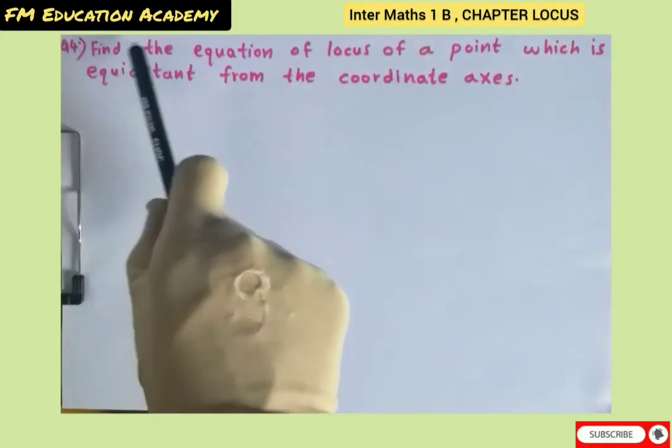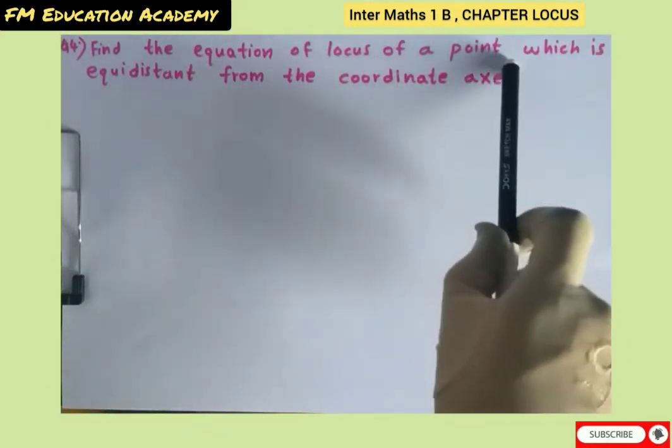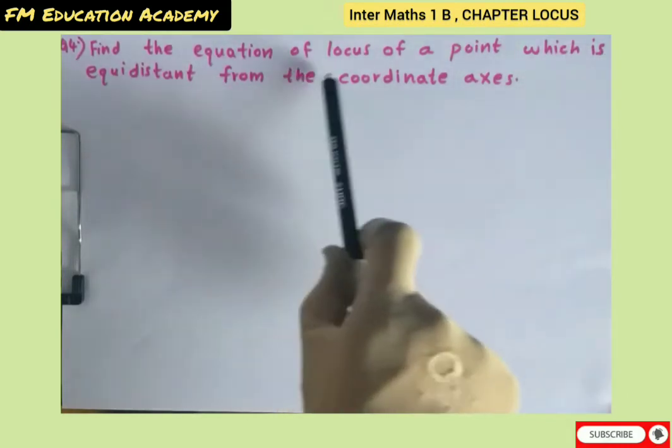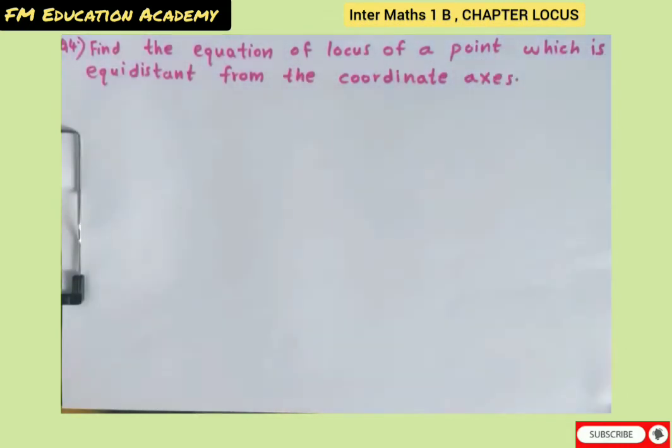Question 4. Find the equation of locus of a point which is equidistant from the coordinate axis. So what is it telling here?